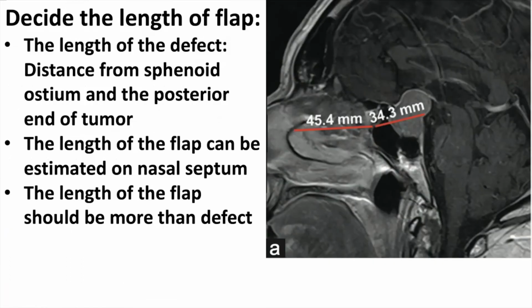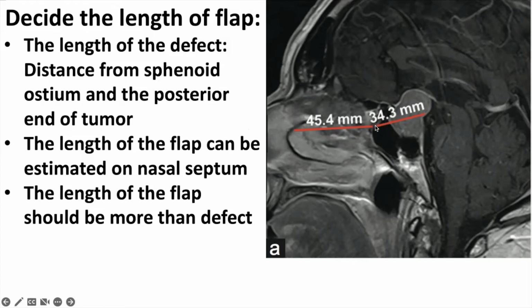So how long an incision do you have to make on the nasal cavity? Whether only a mini flap is sufficient, or you have to take the traditional flap, that depends upon the distance from the sphenoid ostium to the most posterior part of the tumor.